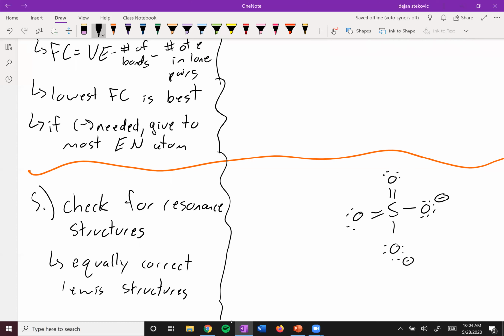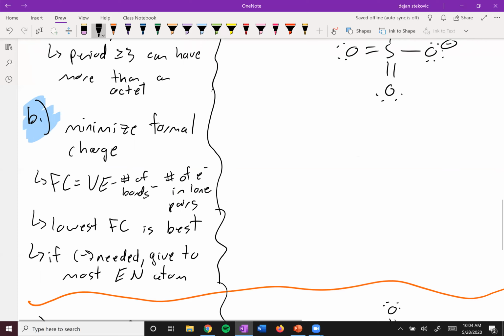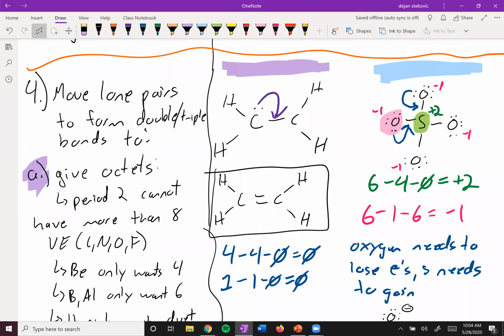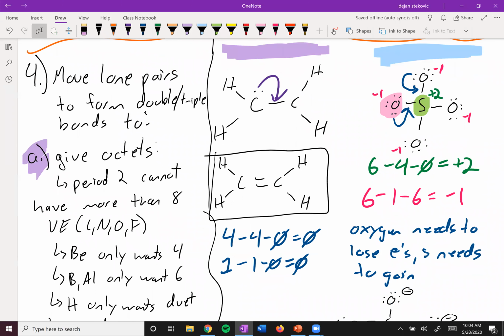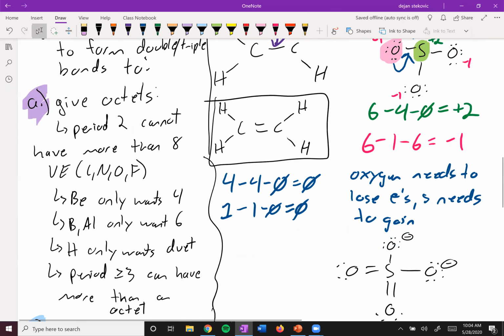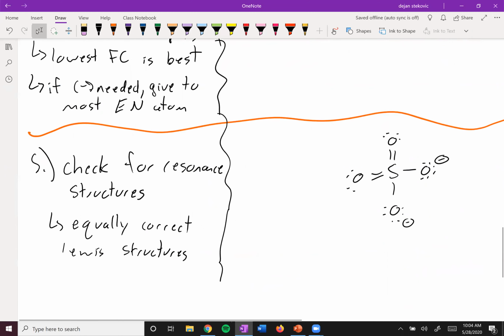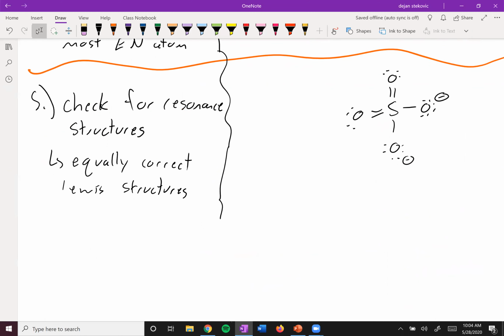And so if we note here in this top, when we were drawing these double bonds, we chose 2 oxygens to donate those electrons, but we could have just as easily chosen either of the other 2 oxygens, right? There was no good reason we chose those 2 oxygens versus the other 2 oxygens. And so what that does when you make this kind of arbitrary choice is it creates equally correct Lewis structures.